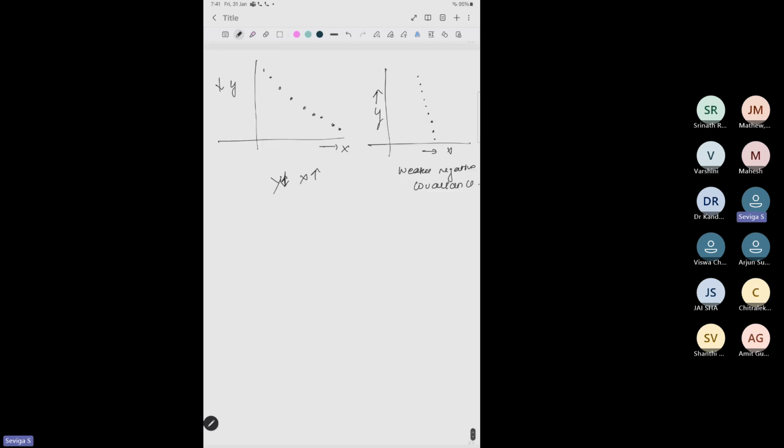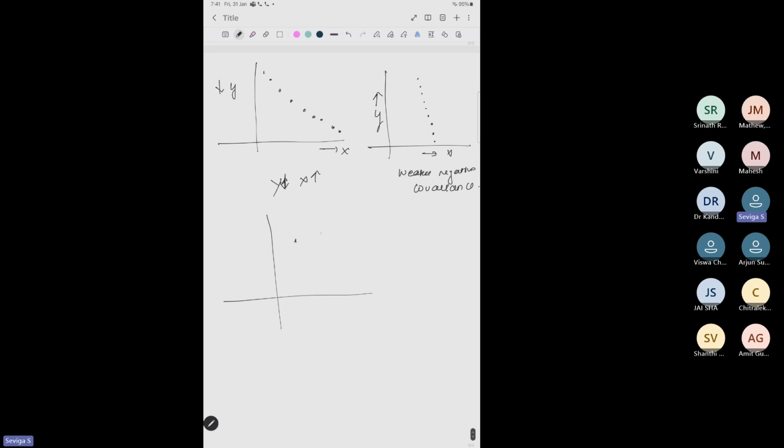So suppose imagine that you have data points like this. This is x, this is y. We cannot say a pattern here. If X is increasing, we cannot say the increase or decrease in Y is inconsistent. So we cannot tell. Here also we can have another pattern like this. When X is increasing, Y is both increasing as well as decreasing. So there is no consistent pattern in it.